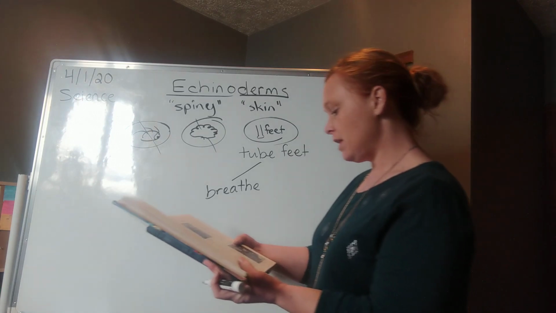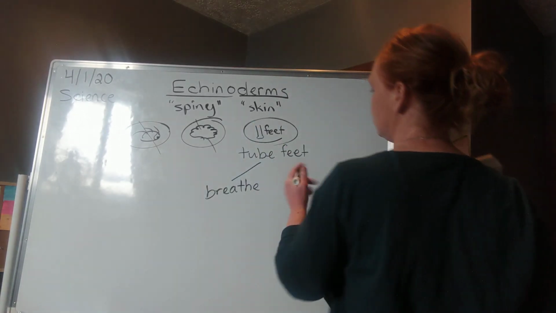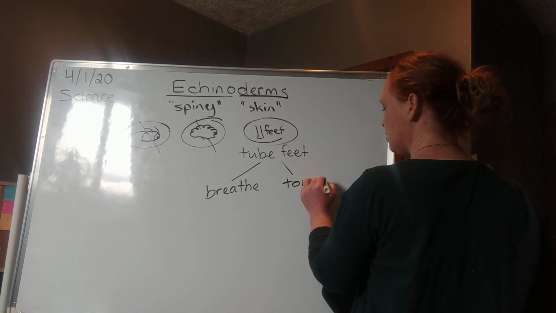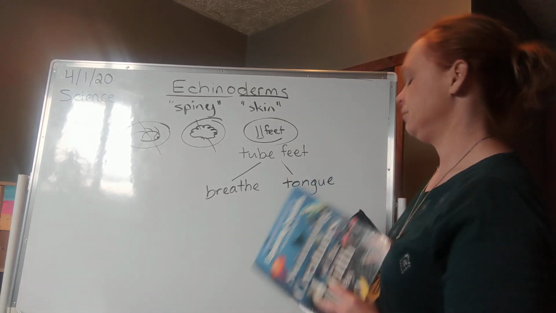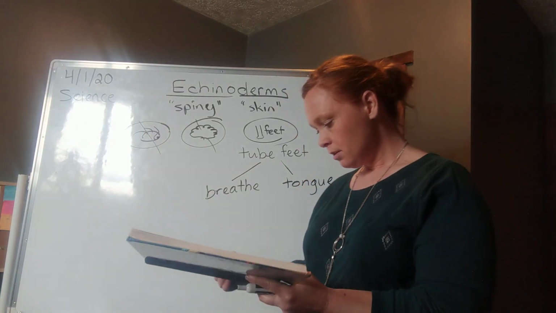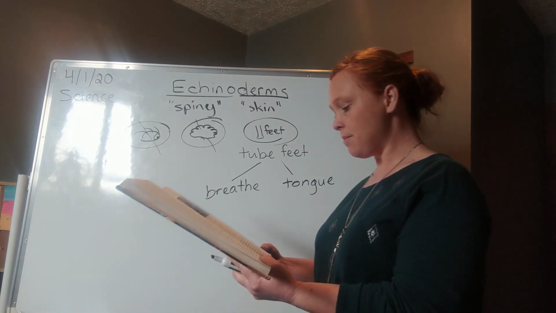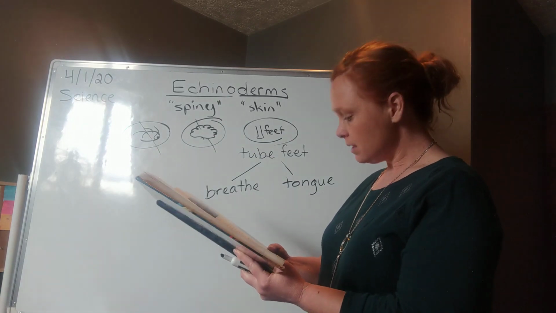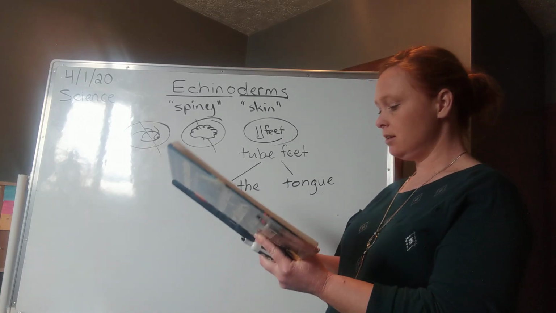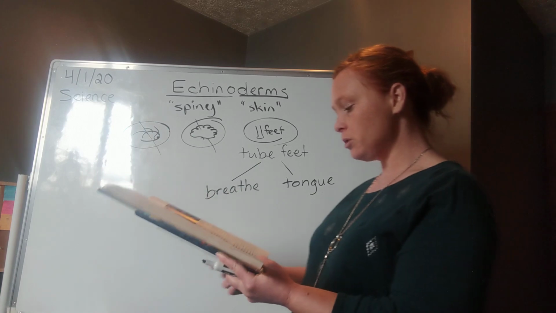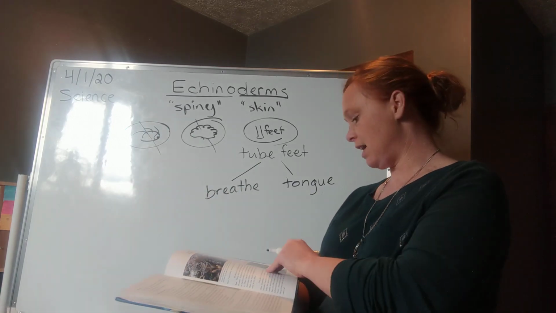Second, these tube feet are like tongues. They taste everything the echinoderm touches to see what might make a good meal. Since the creature has no legs, no eyes, no nose, these little tube feet are crucial to the echinoderm's survival.